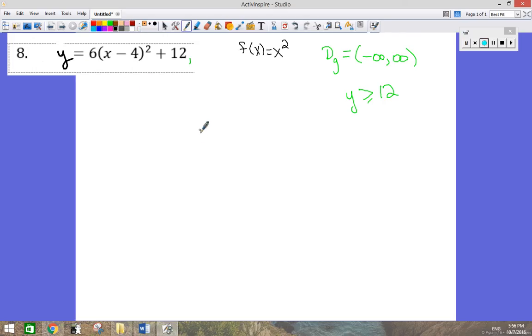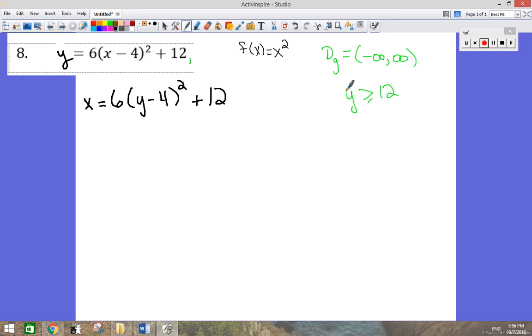Alright, so the domain is all real numbers and y is greater than or equal to 12. Let's switch x and y. Everywhere we see a y, we replace it with x. Everywhere we see an x, we replace it with y. I also do that for the domain and range.